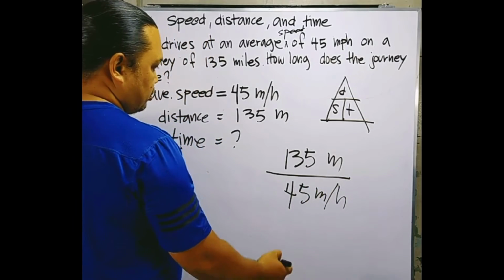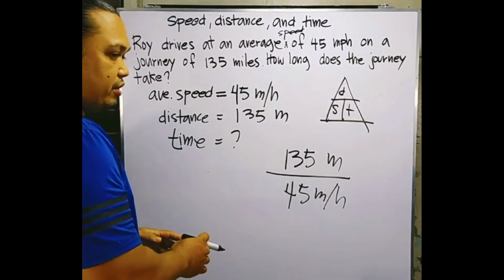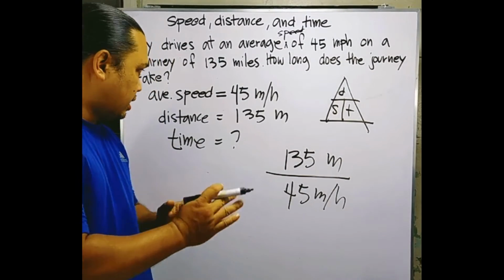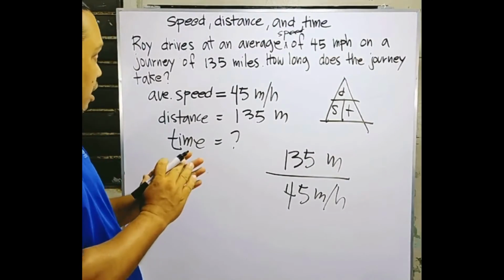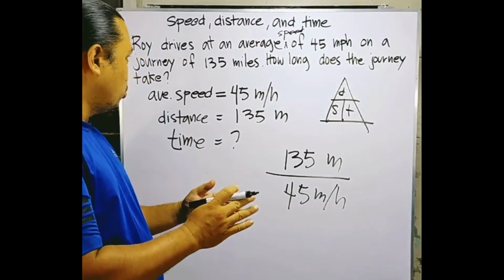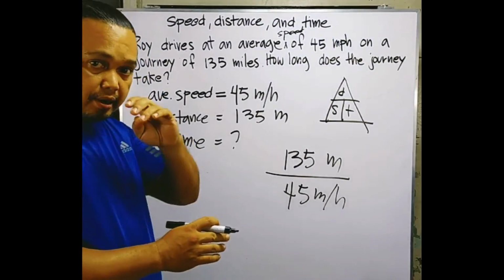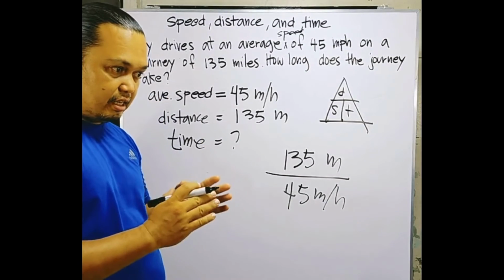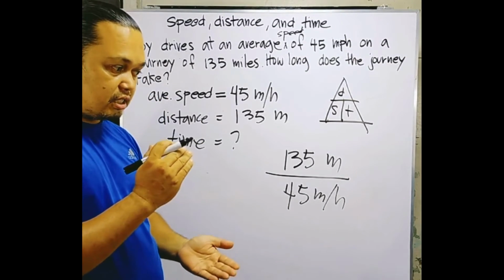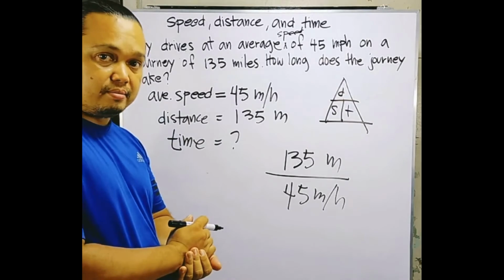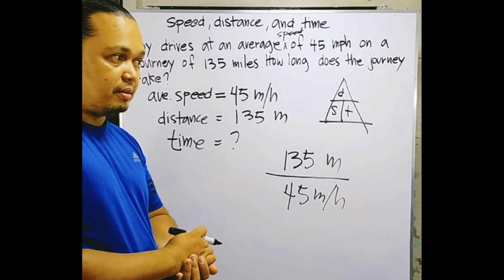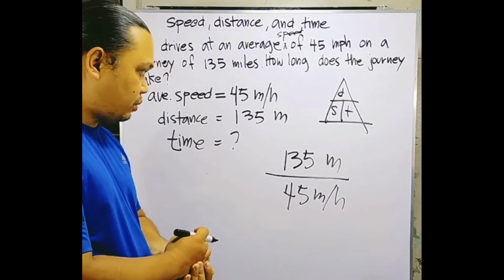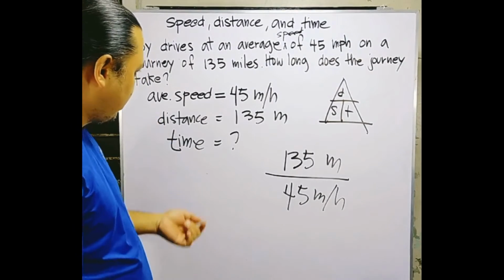We use the average speed because the car or motorcycle, whatever Roy is riding, of course doesn't run at a constant speed. The speed varies from time to time. That's why we are getting the average speed.